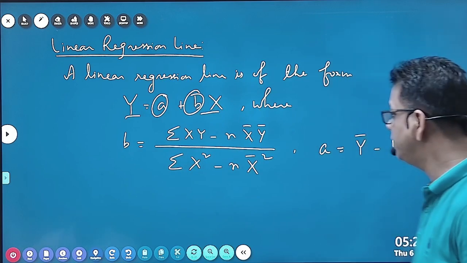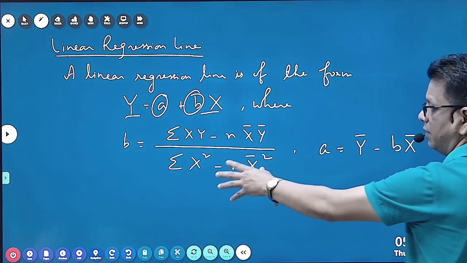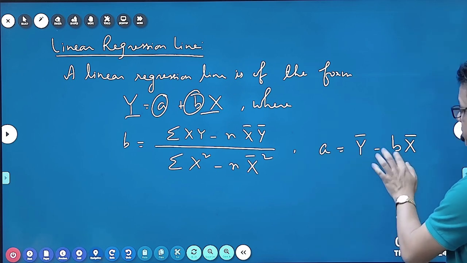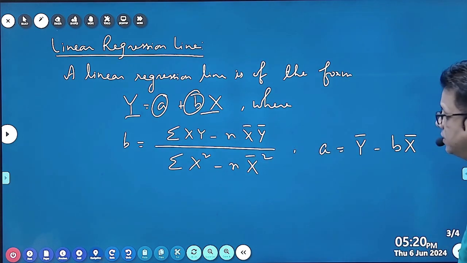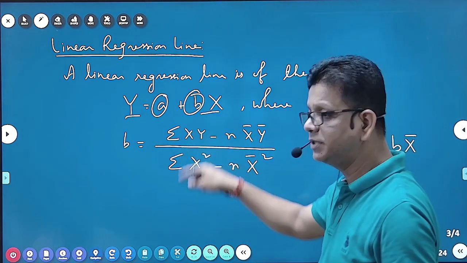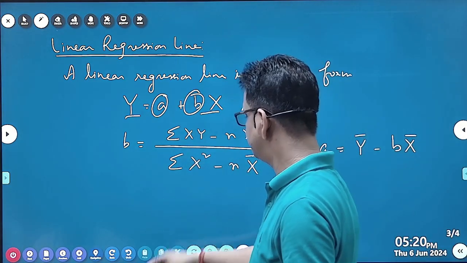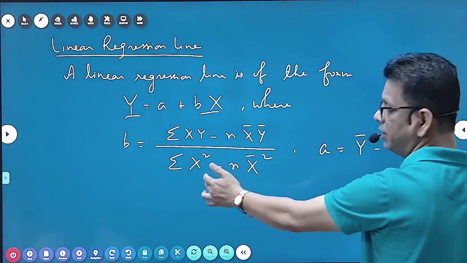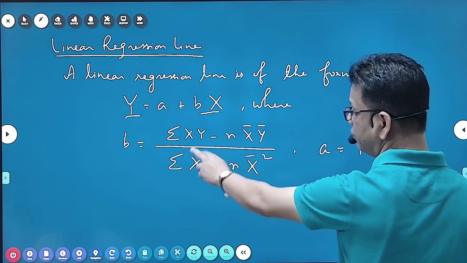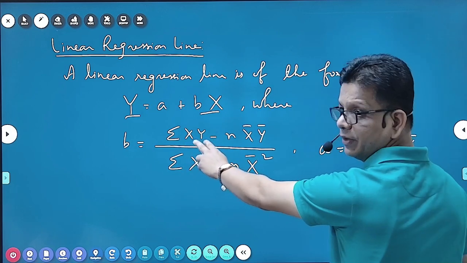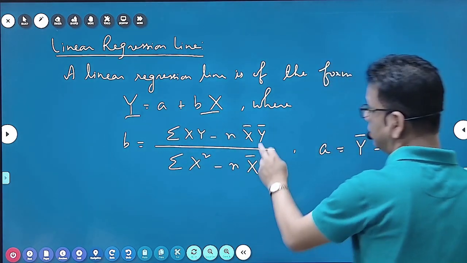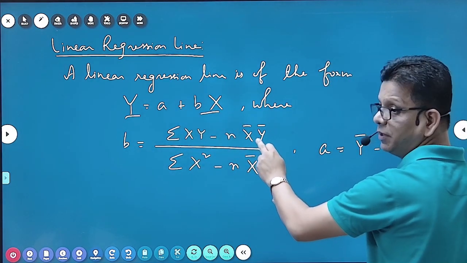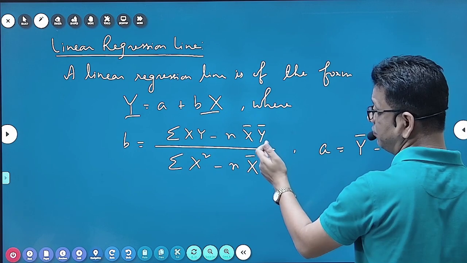Now for finding a, this is the formula, but we can't find b without a, because a must be known first, then we get b. Now I always say that in statistics, the formula says what the next step should be. We are going to find a, where x and y we already have. So here is the product of x, y, and their summation. X bar means the mean for x, y bar is the mean for y.